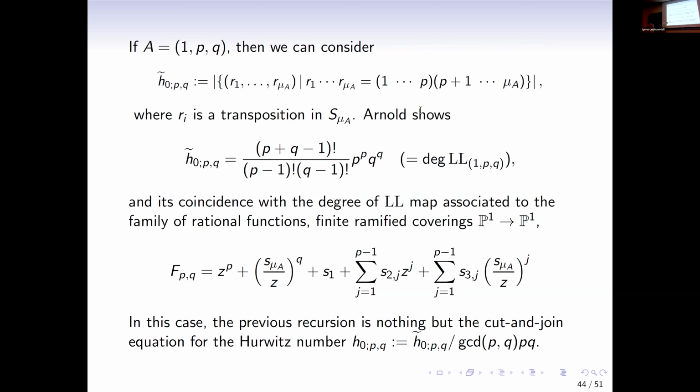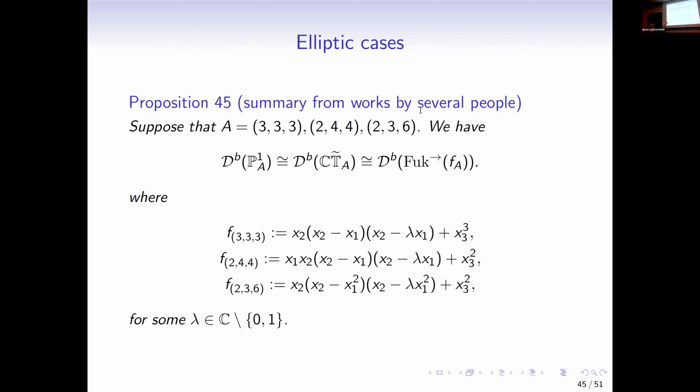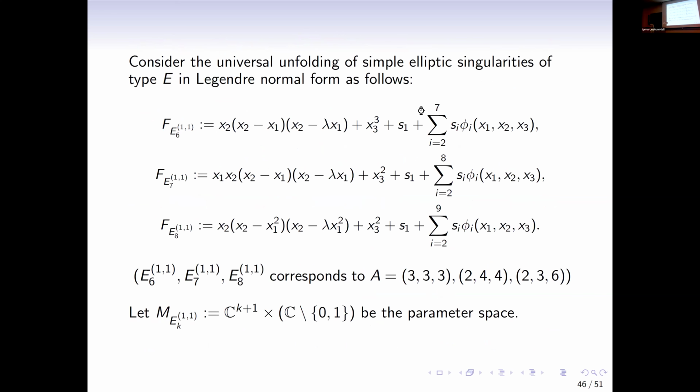I'm sorry, I skipped this part. Also, we can compare with the previous numbers if the A is type A. Anyway, I just showed the result on the elliptic case.